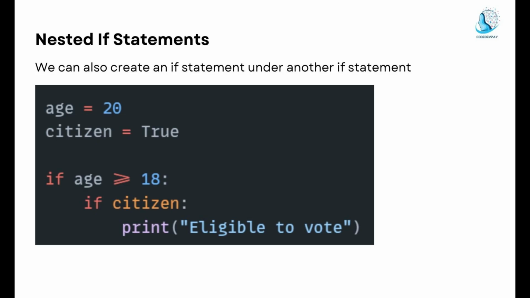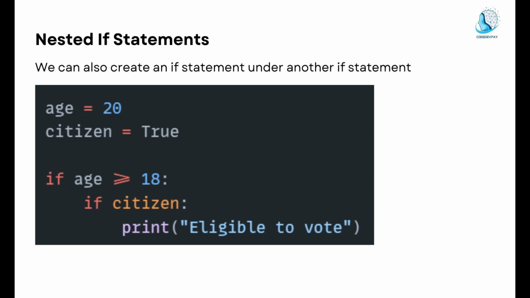Let's take a look at nested if statements. We can embed if statements under other if statements. So for this example, we have the variable age, which is 20, and then we have citizen true. The first if statement is if age is greater than 18. And then we have the second if statement, checking whether citizen is true.